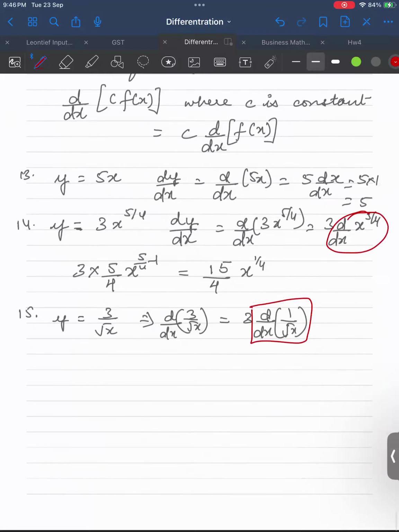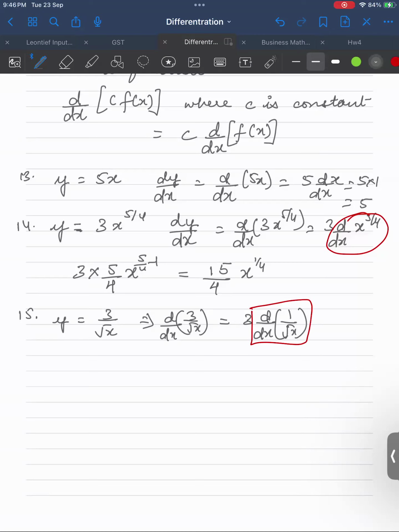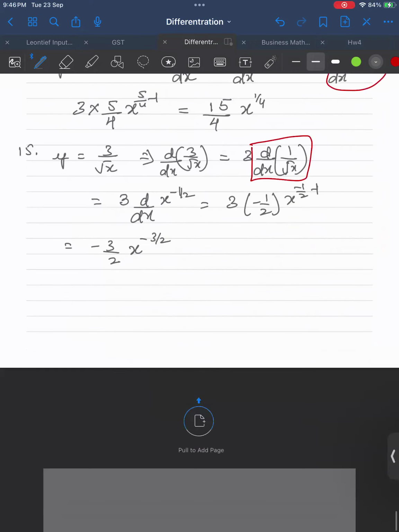I'm repeating it so that if you still have any doubt, you can clear it. So, 3 times minus half x power minus half minus 1. The answer comes out to be minus 3 by 2 x power minus 3 by 2. I think it's clear.